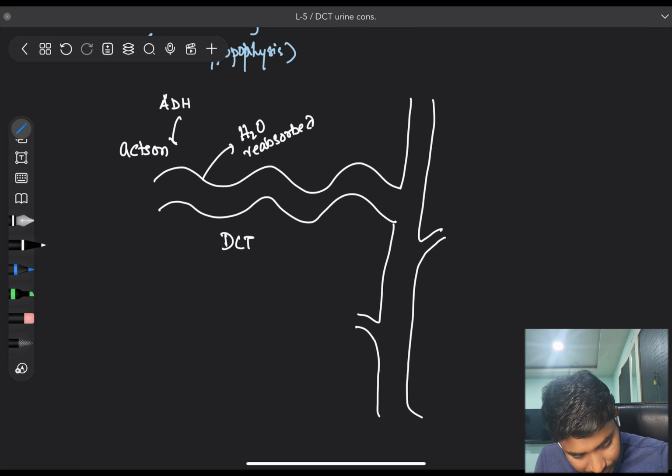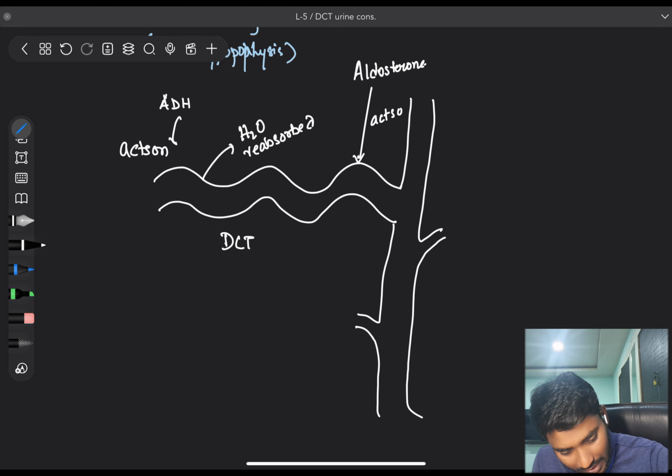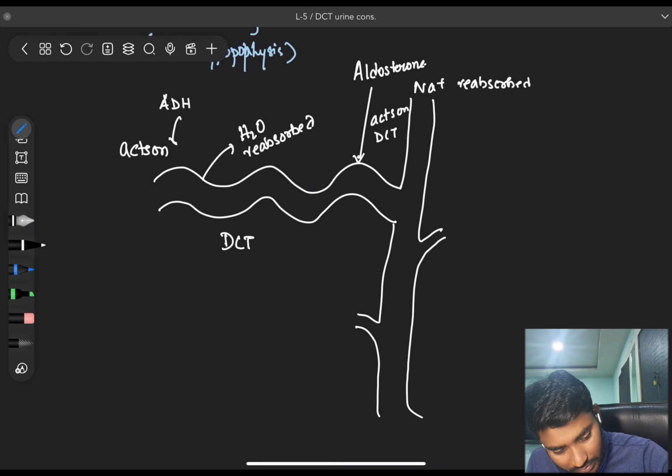Okay, now aldosterone acts on DCT. Sodium is reabsorbed. Thus sodium ion is reabsorbed primarily.